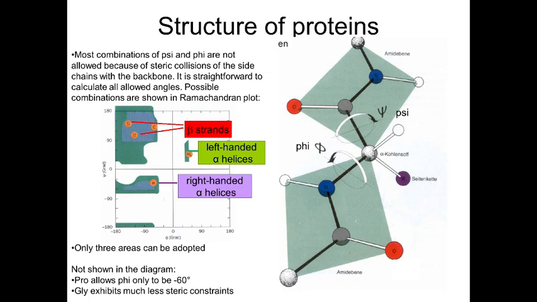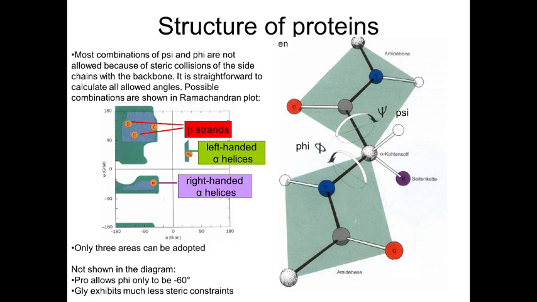In this Ramachandran plot, you see 3 allowed regions. One of the regions expresses the angle space of the beta strands, and the green and the purple box indicate the left-handed alpha helices and the right-handed alpha helices. What is not shown in the diagram are the angles that are allowed to be adopted by proline.